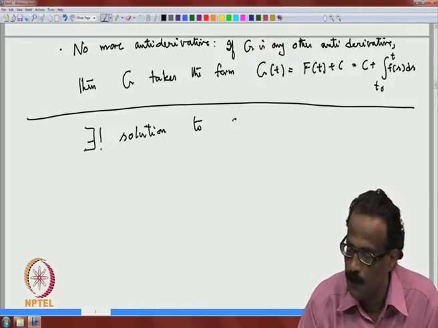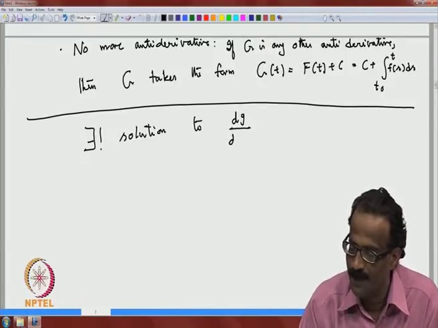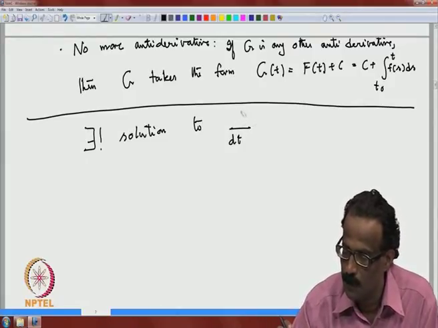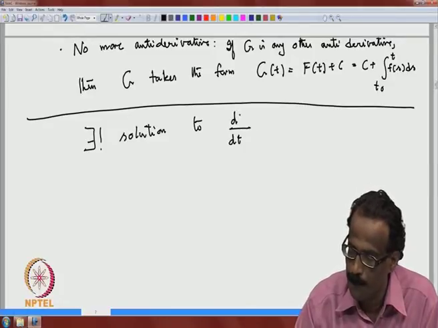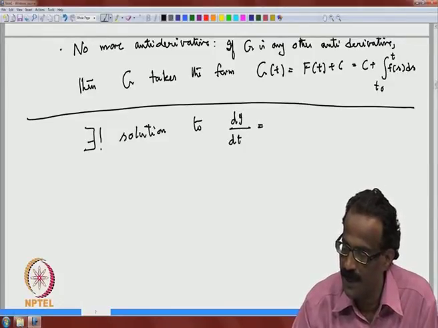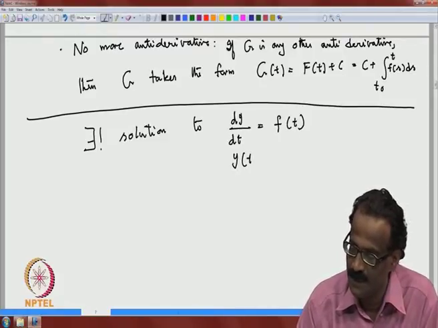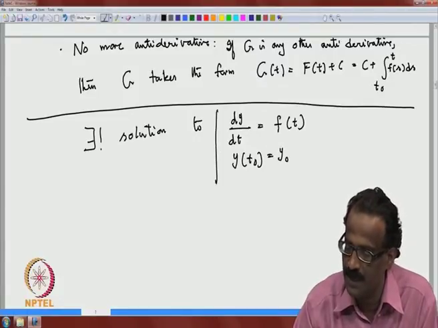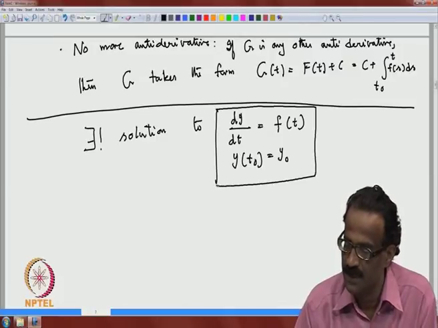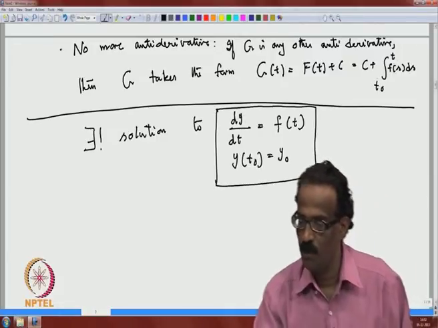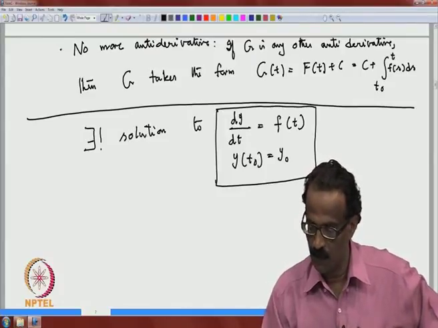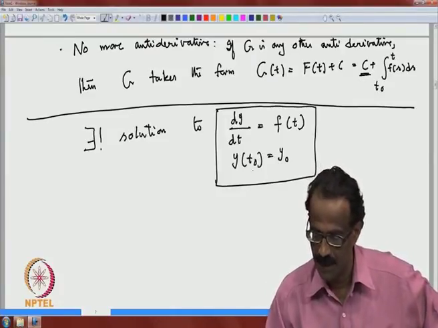to dy by dt equal to f of t, with y at t naught equal to y naught. You see. So, the moment you fix your initial condition, the constant is fixed, because any solution has to be of this form, and this c can be determined if you fix it.